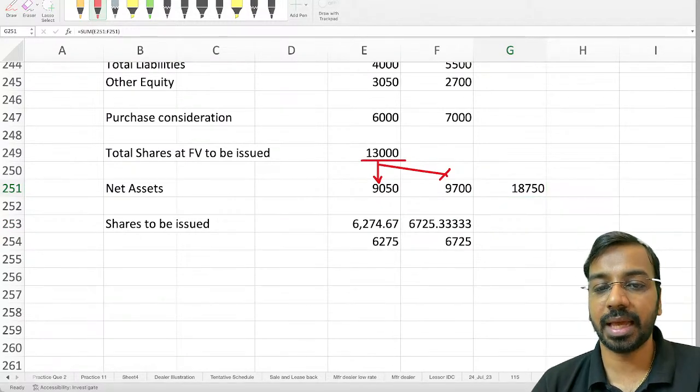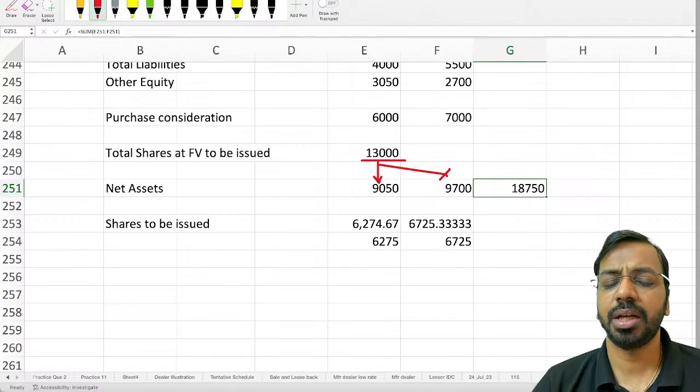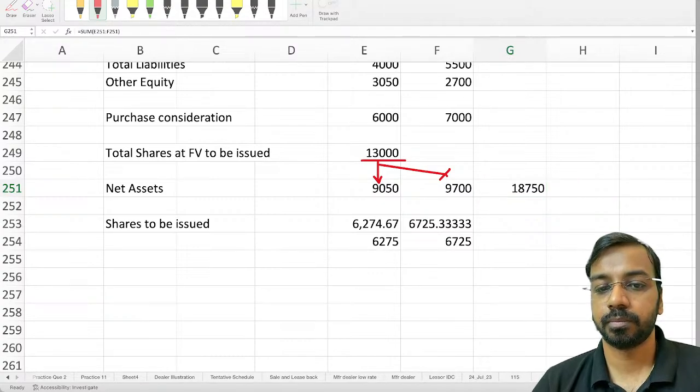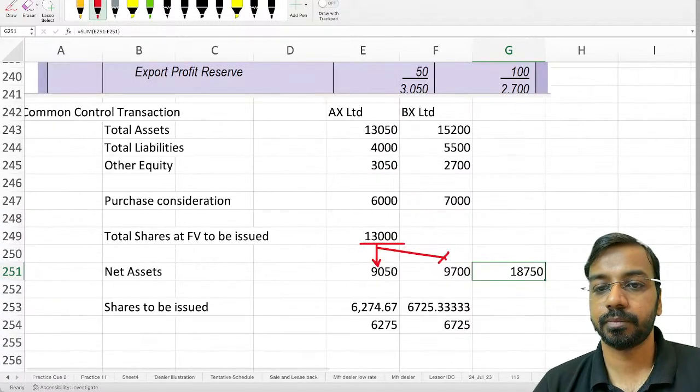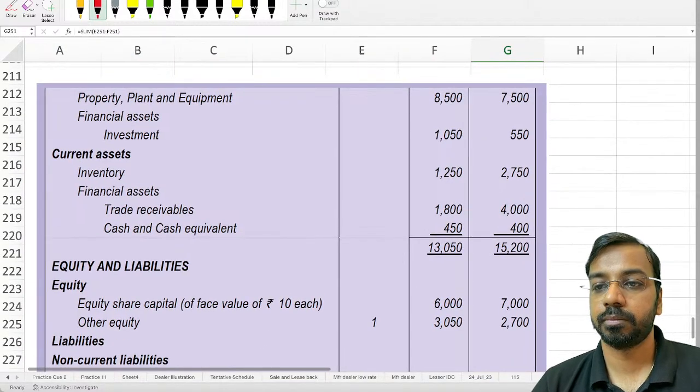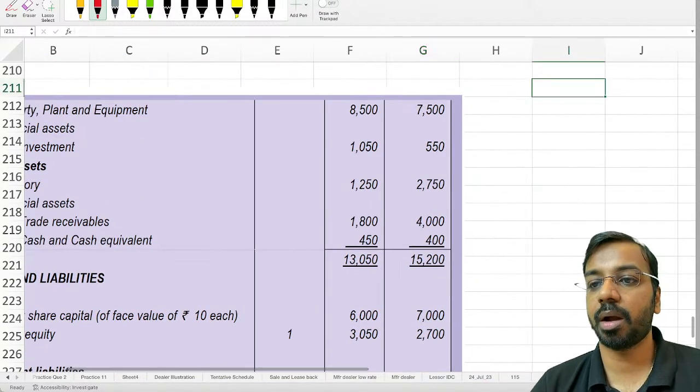Now once we have done that, to prepare the combined balance sheet is not a challenge at all. Now how do we prepare the combined balance sheet? Simply add line by line item. ABX Limited, the combined balance sheet.